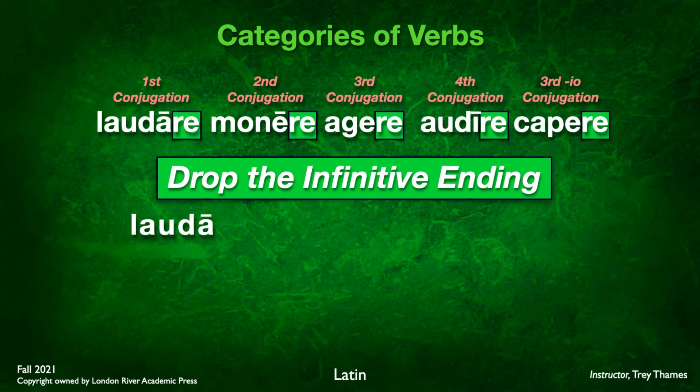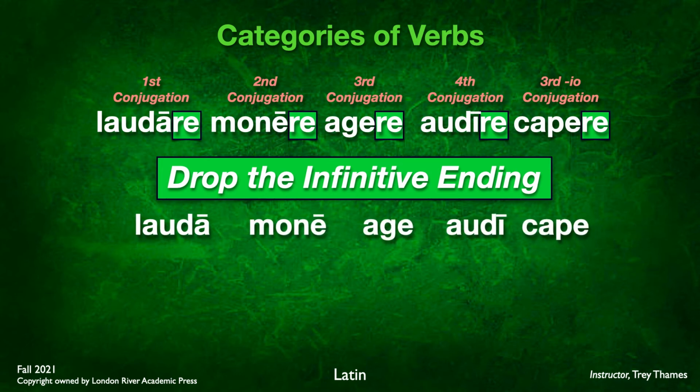You drop the RE from laudare and you get lauda. From monere, you drop the RE, you get mone. From agere, you drop the re, you get age. From audire, you drop the re, you get audi. And from capere, you drop the re and you get cape.